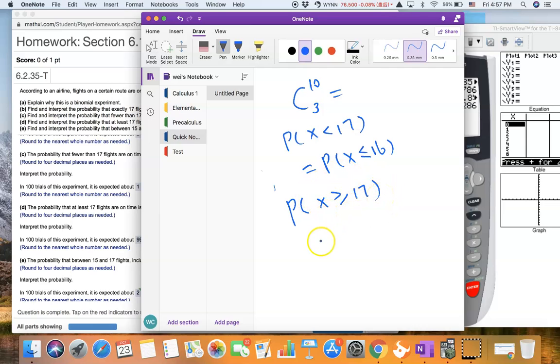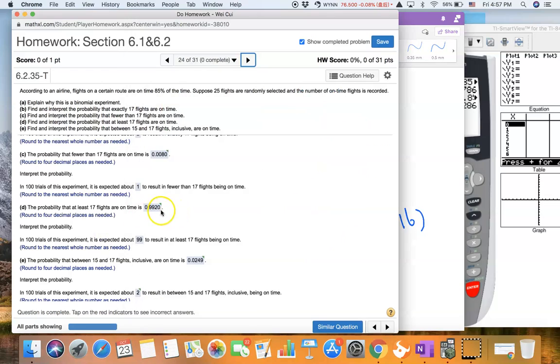So here we're going to use the complement rule, because this probability equals 1 minus the probability that x is less than or equal to 16. And we just find out what that probability is.